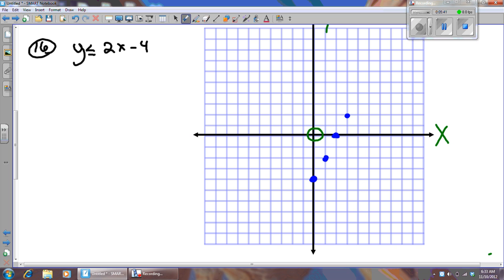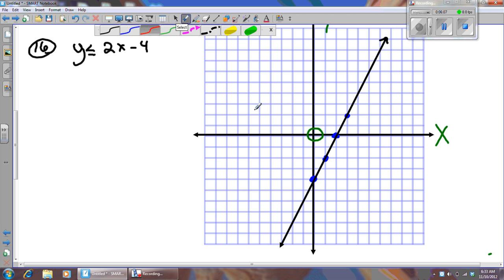I see it's equal to, so it's going to be a solid line. Then I need my test point.